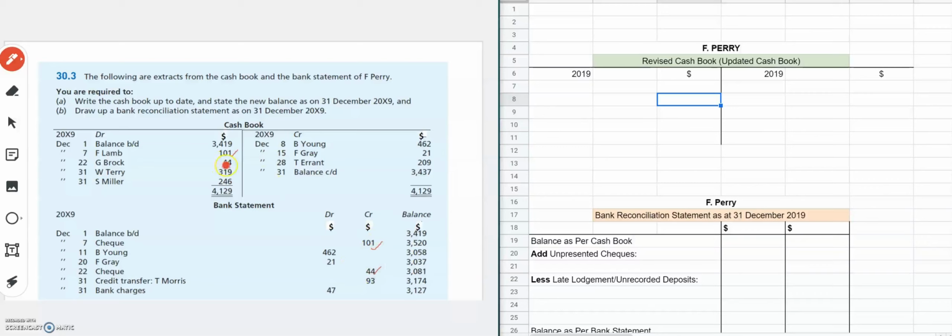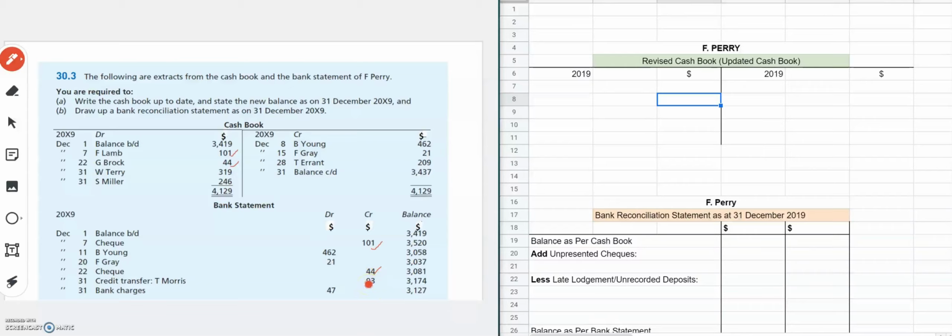It is also found on the debit side of the cash book. Do we have a 319 in the credit column? No. Do we have a 246 in the credit column of the bank statement? No. Do we have a 93 on the debit side of the cash book?